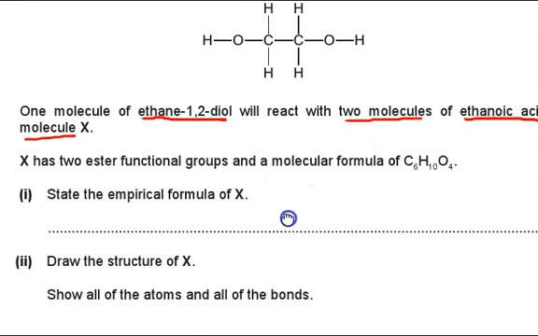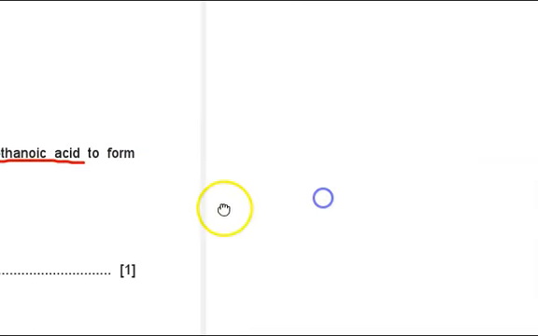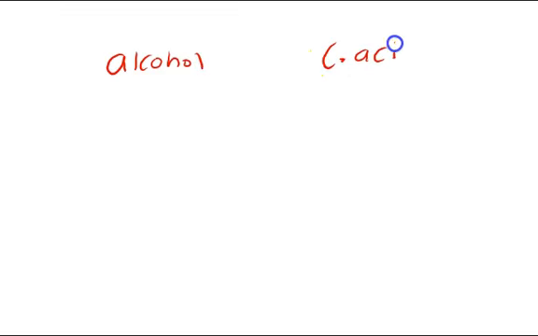Okay, so what is the ester's functional group? Let us look at a small example here. An ester is formed by an alcohol and a carboxylic acid.